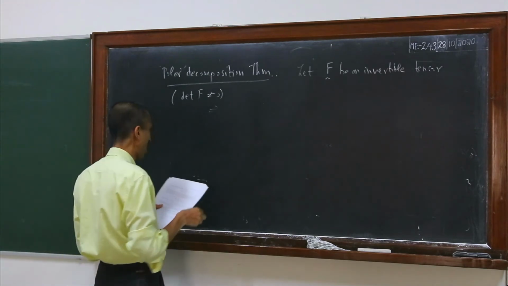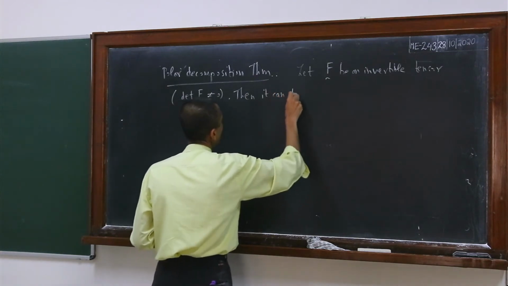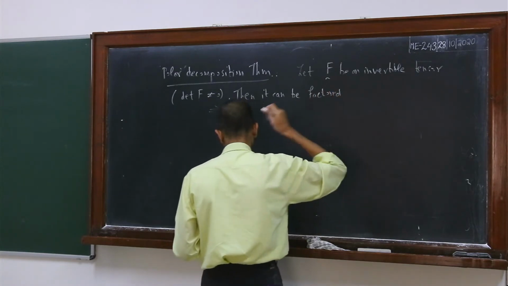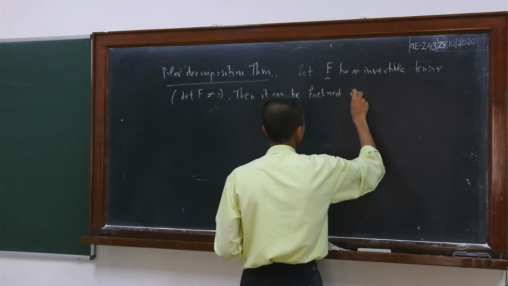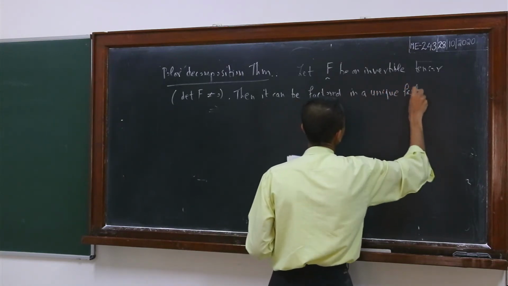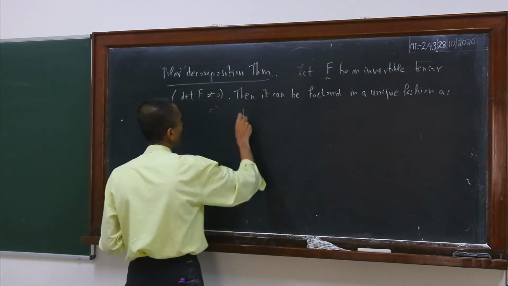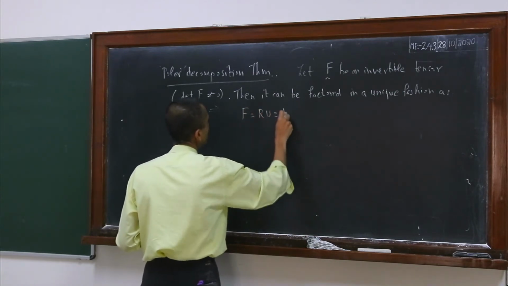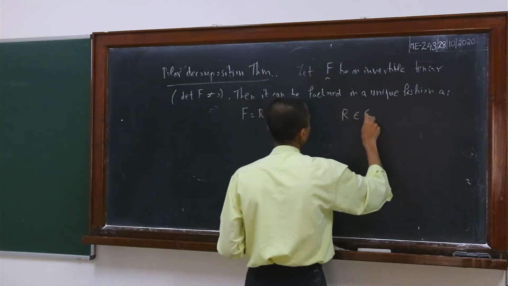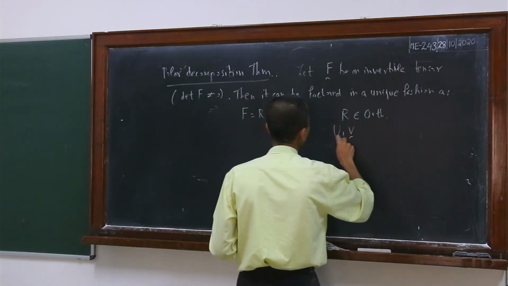Then it can be factored in a unique fashion as F is equal to RU is equal to VR, where R belongs to Orth and U, V belong to Psym.